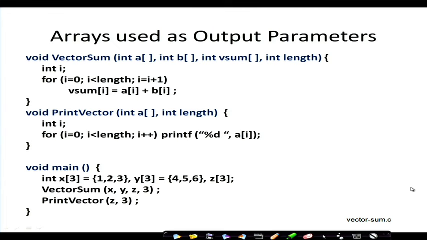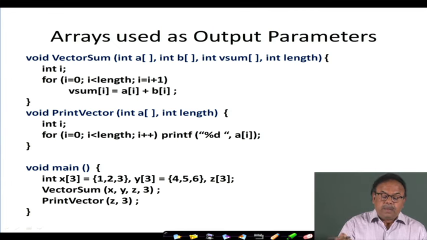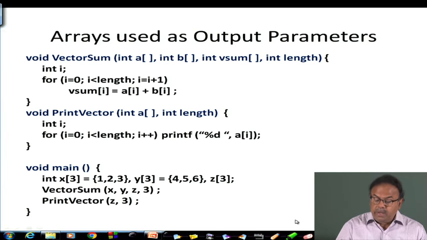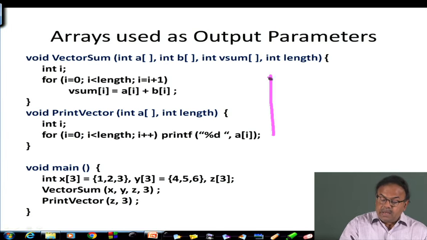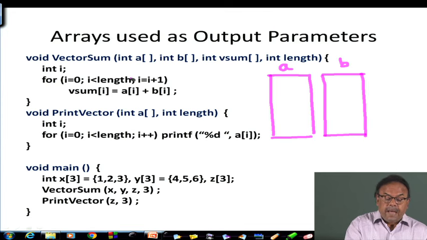Now, similarly, arrays used as output parameters. So, suppose I am going to do vector sum. That means, I have got two arrays A and B. So, what I am doing here? I have got two arrays, an integer array A, another integer array B, and I am adding them.